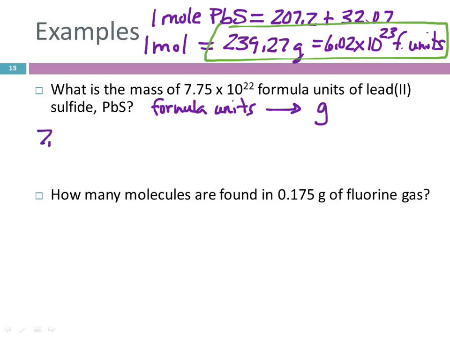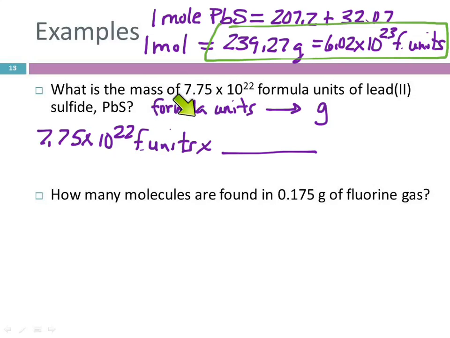So now we can start with 7.75 times 10 to the 22nd formula units times, we start with formula units, we want to end up with grams. So grams needs to go in the numerator and formula units needs to go in the denominator because we want the units to cancel out. What number do I put in front of grams?